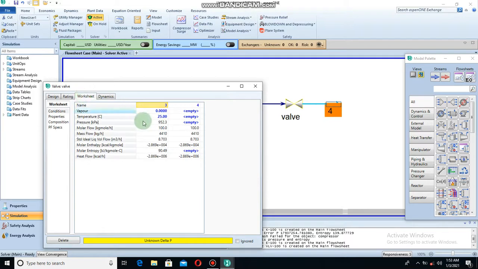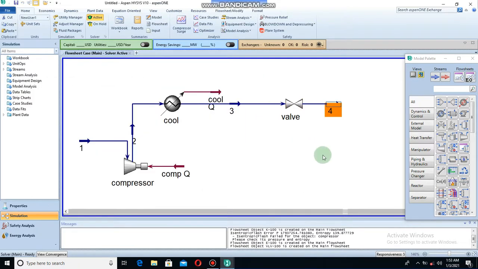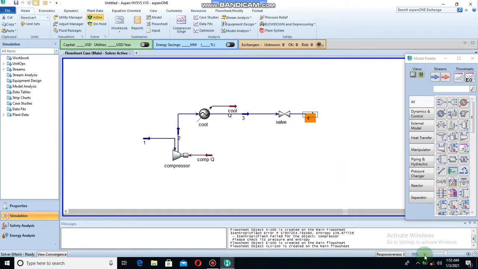And the worksheet says the pressure was 200 kPa. And it was heated to its startup parameters. So we need a heater here.